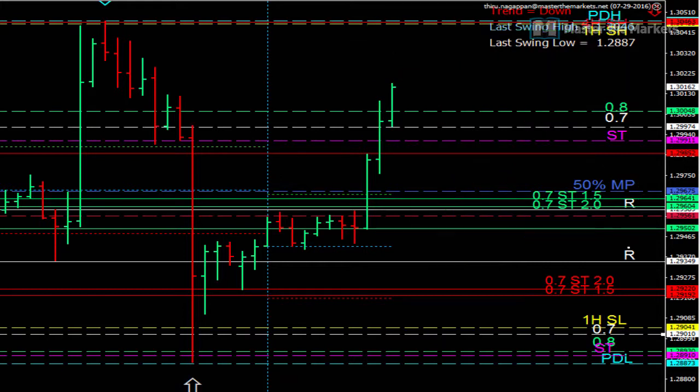The final thing I would mention in a mismatch: let's say the higher time frame bias is down, like today, and the lower time frame bias is up.